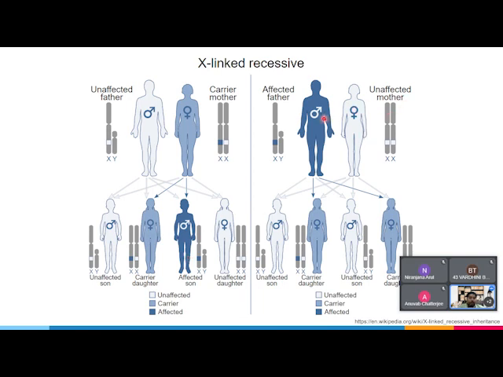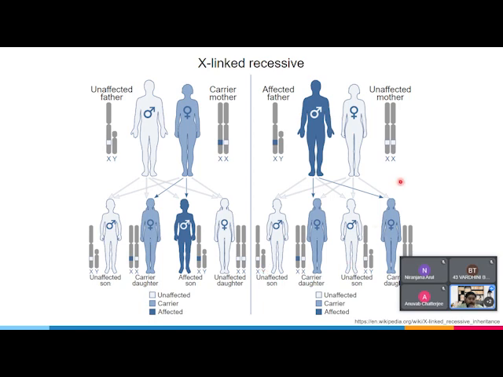In the case of X-linked recessive, if the father is actually affected, then we again have four cases. In the case of males, there is no inheritance of the disease, because they will always receive the Y chromosome, so they are unaffected.